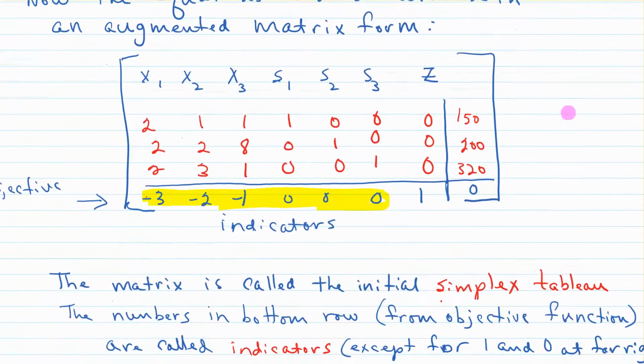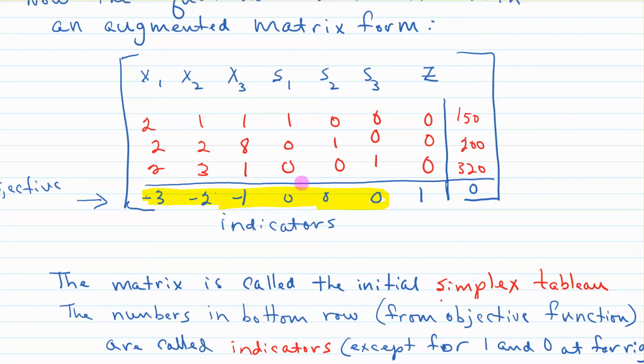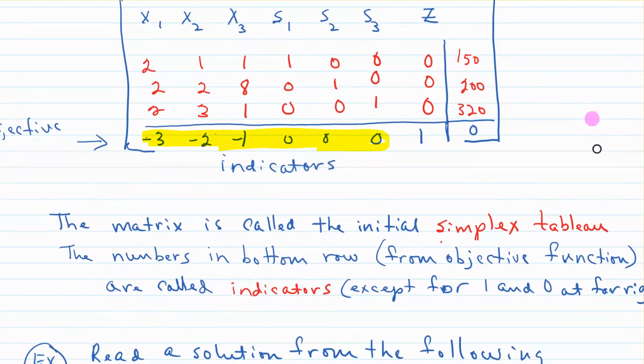This is our objective function down here. The matrix is called the initial simplex tableau. The numbers in the bottom row from the objective function are called the indicators, except for the 1 and 0 at the far right. So everything here, these are the indicators.